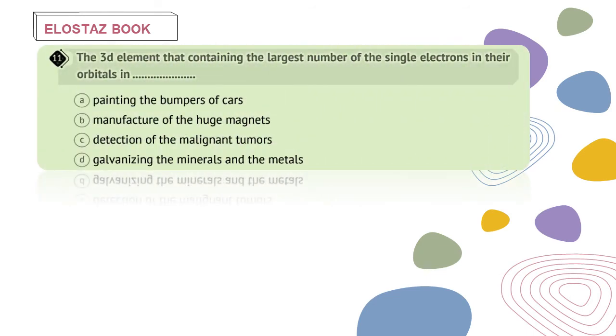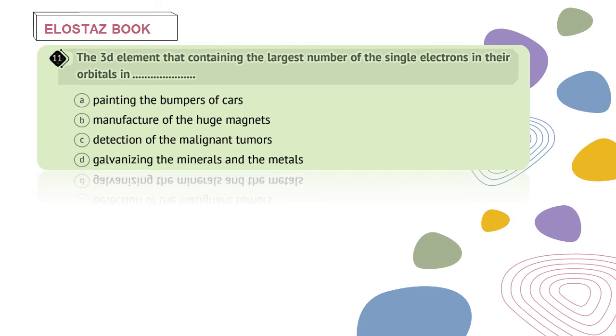Question 11 says: the 3d element that contains the largest number of single electrons in its orbitals is used in what? Okay, we have here the bending of the bumpers of cars. Do you think that? I think it's one of the main important ones. We also have choices: manufacture of huge magnets, detection of malignant tumors, very hard kinds of diseases, and galvanizing minerals and metals.